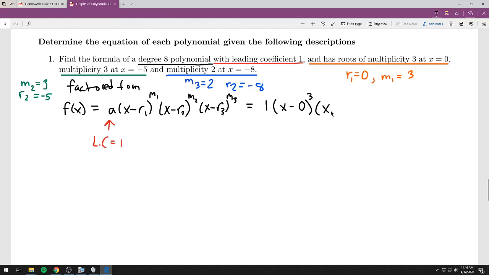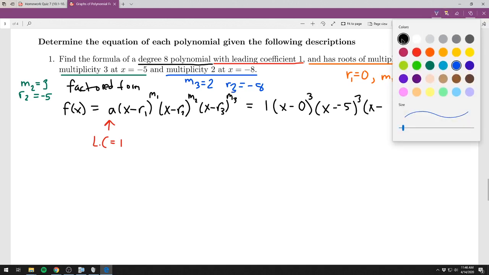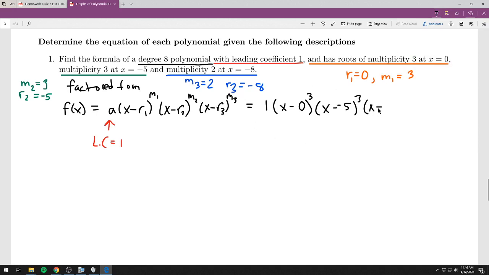We have x minus r2, which is -5. And the multiplicity of -5 is 3. And we have x minus r3. I realize I wrote r2 here. We have x minus r3. r3 is -8, our third zero, and its multiplicity is 2.